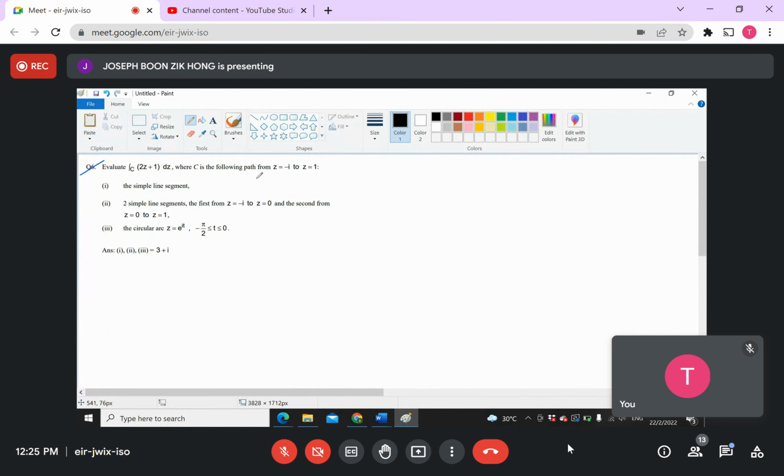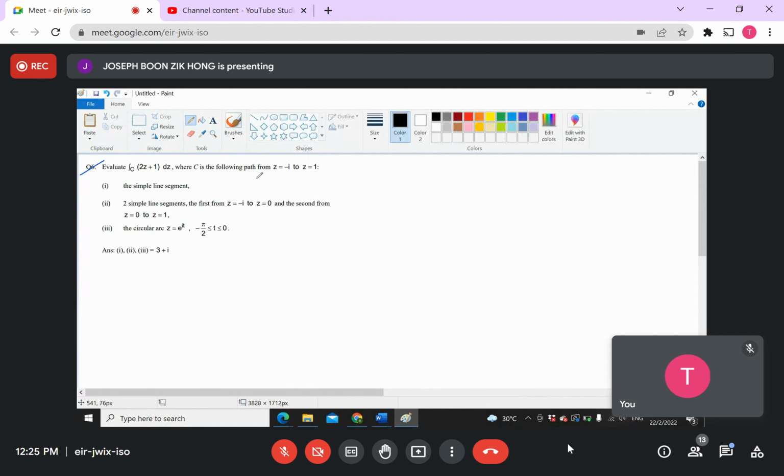Okay, two simple line segments, and this one. So now we have a look. 2z plus 1 is analytic. As long as your initial point and your final point are the same, then no matter which path you go through, you should get the same answer. So for this kind of case, actually you just need to do the first one. 2 and 3 will be the same answer.